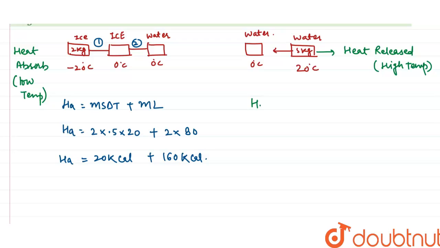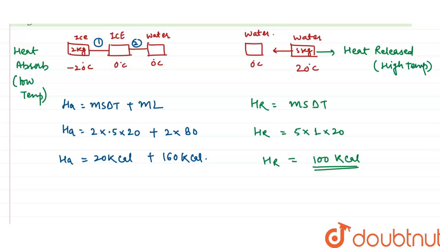This is a one-step process, so it is given by m s delta T. The mass of water is 5, specific heat of water is 1, and delta T is 20, so it comes out to be 100 kilocalorie. That means my water released 100 kilocalorie.